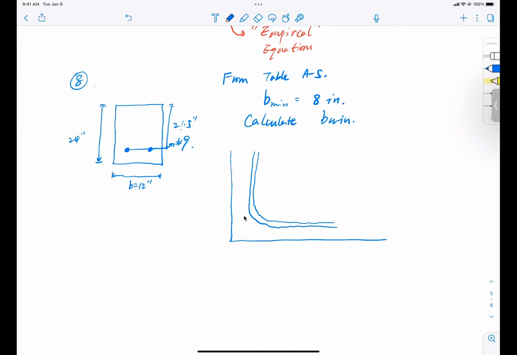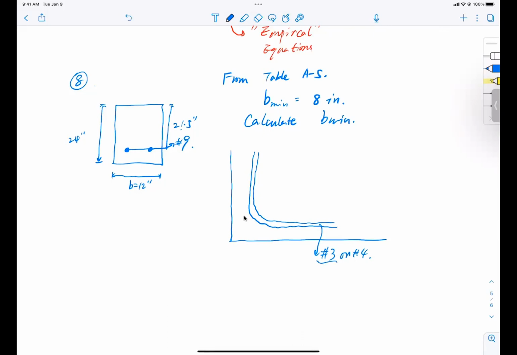Do you know the stirrup here? You don't, right? So when you don't know, you assume number 3 or number 4 to start with. You just have to specify yourself. Okay, so let's go with number 3 bars, and I'm going to put two bars here.